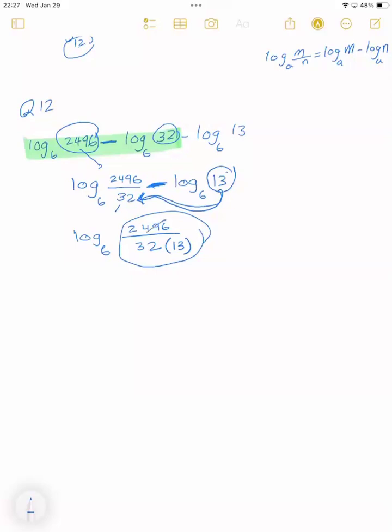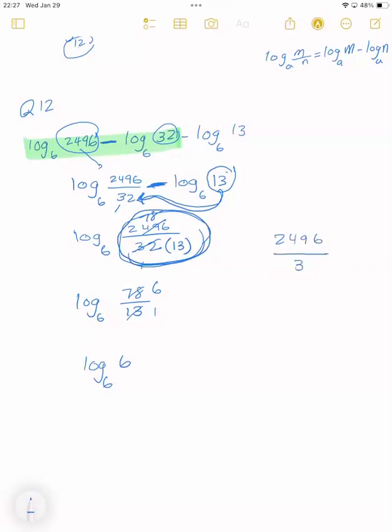When I divide these two, I get 78. So this is log base 6 of 78 over 13. And then 78 divided by 13 is 6. So I get log base 6 of 6. This whole thing is equal to 1.